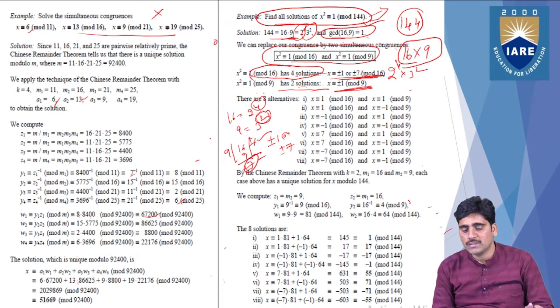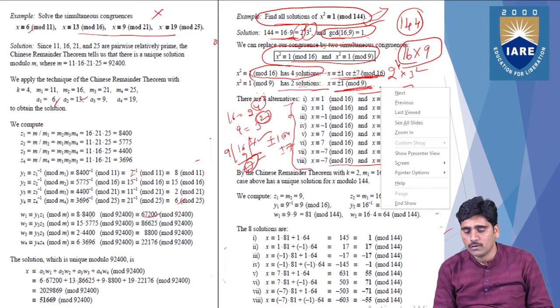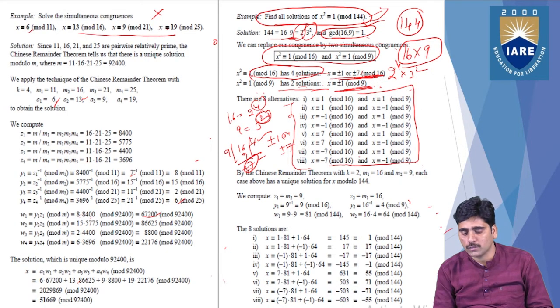With these solutions, you can write the total number of alternatives, which is 8. With x equals plus or minus 1 or plus or minus 7 mod 16 and plus or minus 1 mod 9, we can have different types of alternatives. So write them.